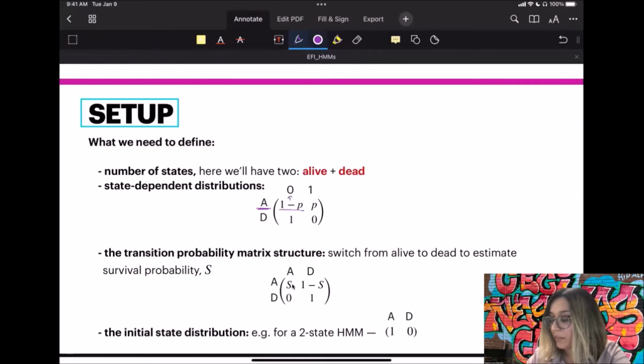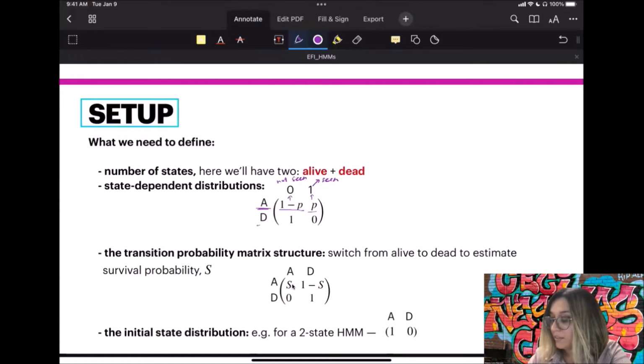And with probability P, we will see the animal. So the zero here is not seen, and the one is seen. Recall that the state-dependent distributions tell us how the data are generated, and our data here are just going to be sequences of zeros and ones.